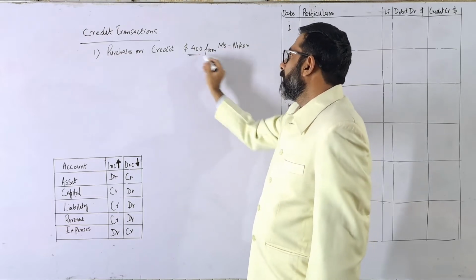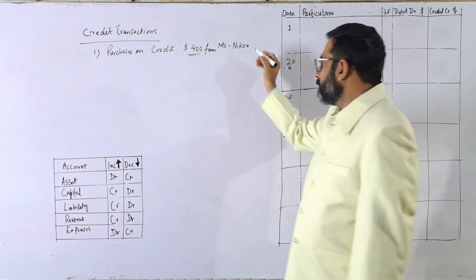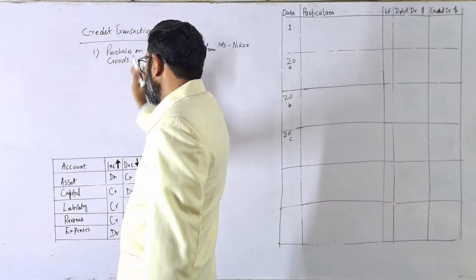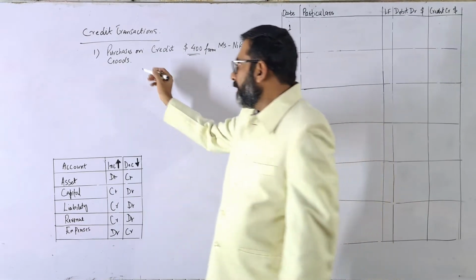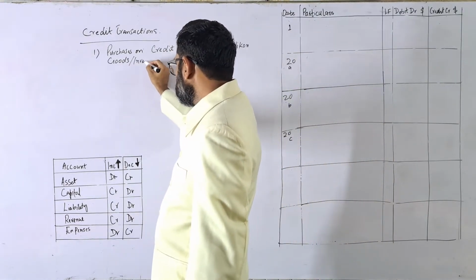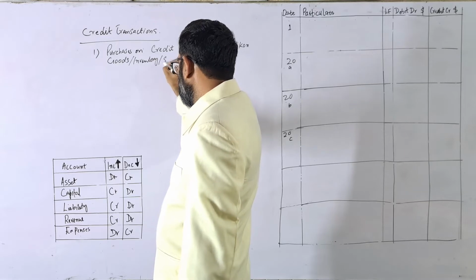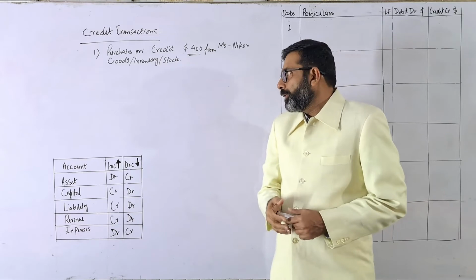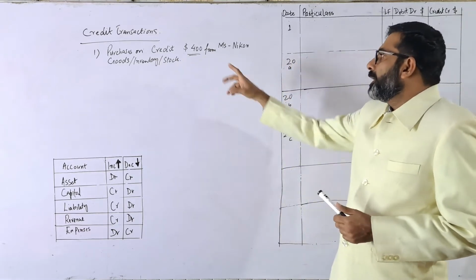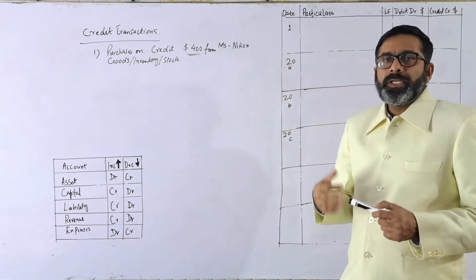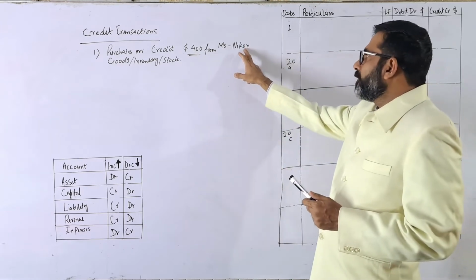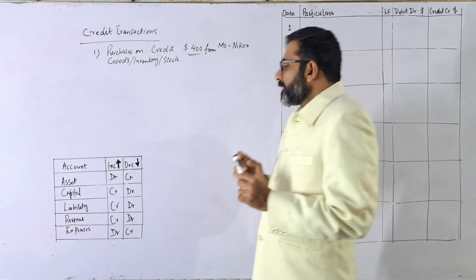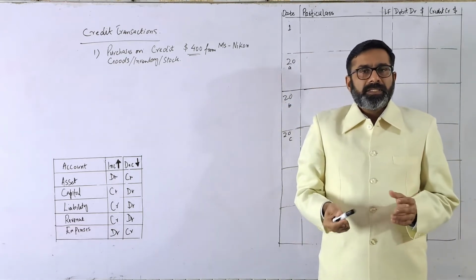The amount is $400, and that is basically the goods, or what we say the inventory, or the stock. The goods, stock, or inventory purchased is $400, on credit basis, and the name of the supplier is Messrs. Nikon.